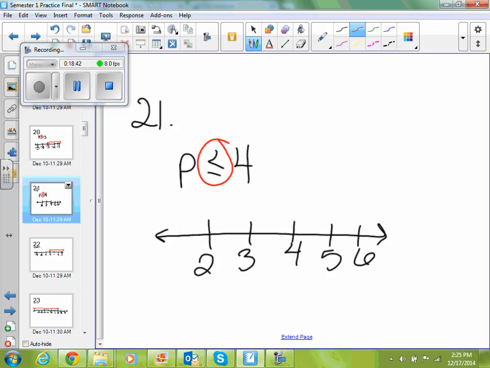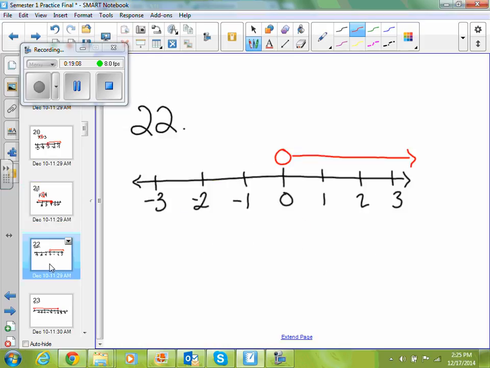Less than or equal to, so is it an open circle or closed circle? Okay, it's a closed circle because it includes that line underneath. This line underneath tells me it's a closed circle, and then going to the left or the right? Left. Very good, my arrow goes to the left.